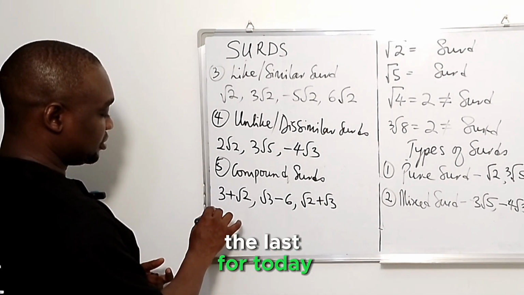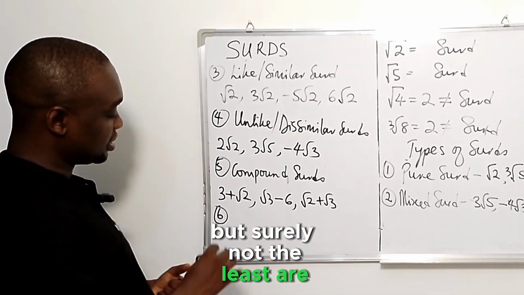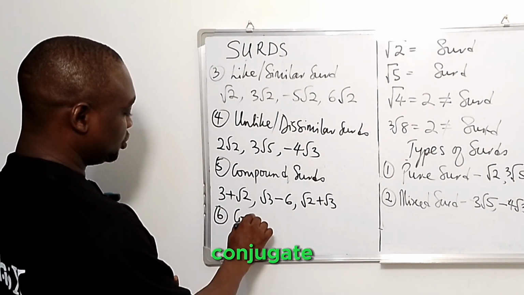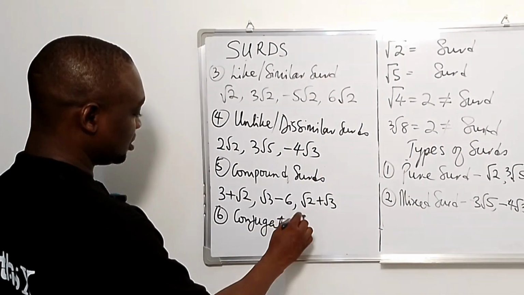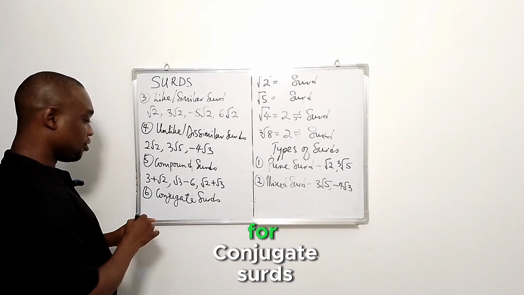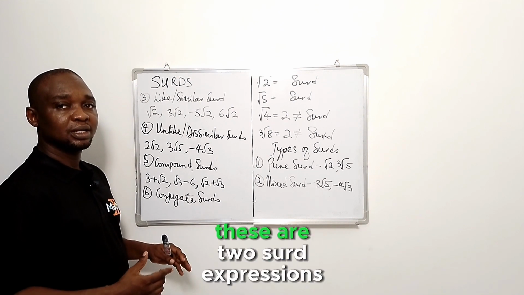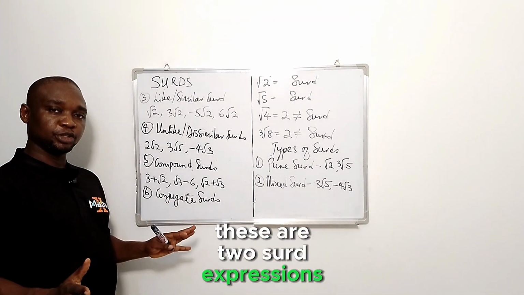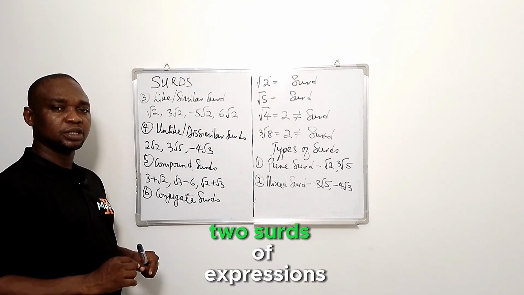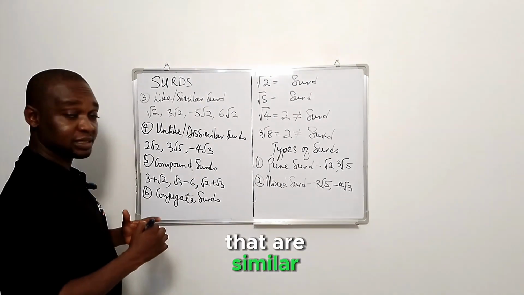The last for today, but surely not the least, are called conjugate surds. We'll talk more about this. For conjugate surds, these are two surd expressions that are similar but different in sign.